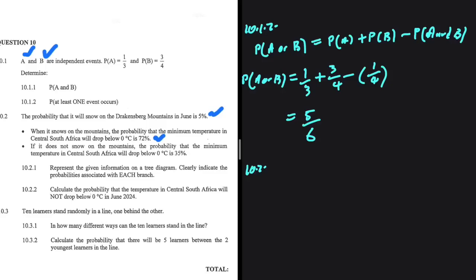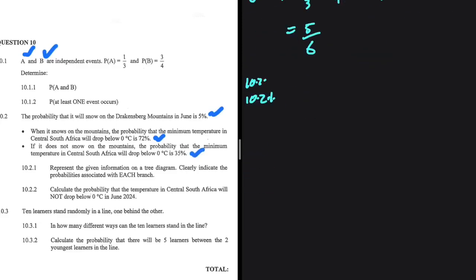If it does not snow on the mountains, the probability that the minimum temperature will drop below 0 degrees Celsius is 35%. Right, and then the first question, 10.2.1, represent the given information on a tree diagram. Clearly indicate the probabilities associated with each branch.